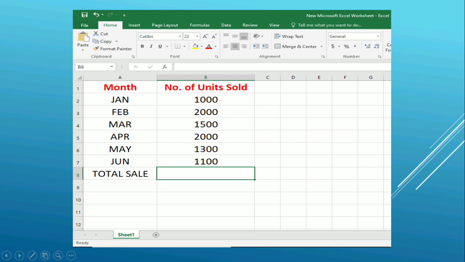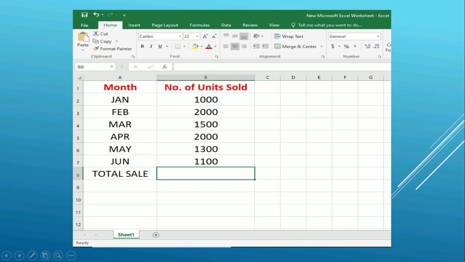So we already know that we need to use a formula for finding the sum of these values, like 1000, 2000, 1500, 2000, 1300, 1100. So we need to find the sum of all these values in the cell B8.